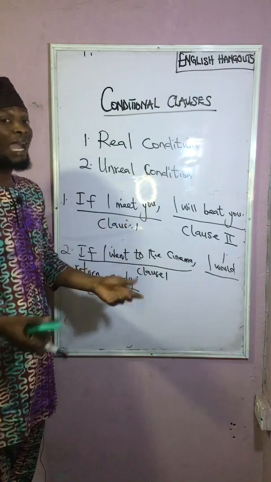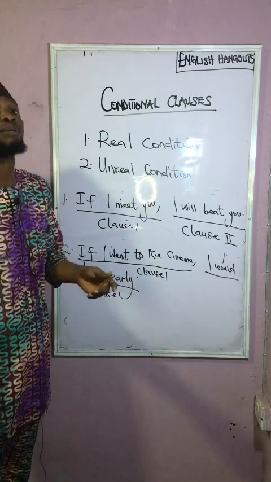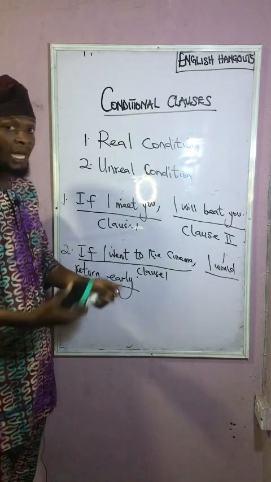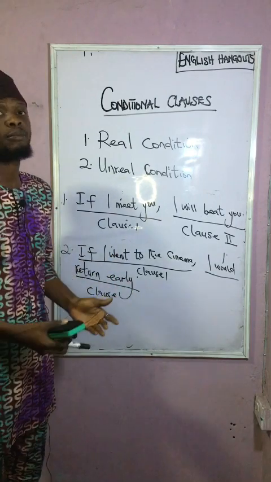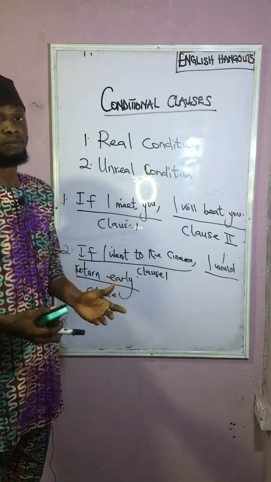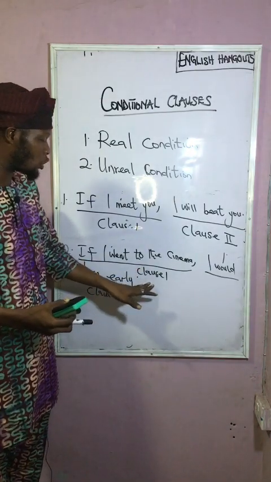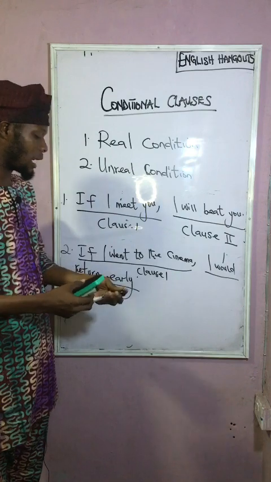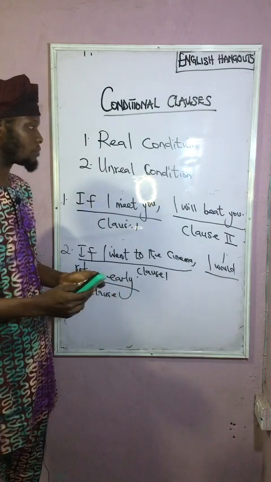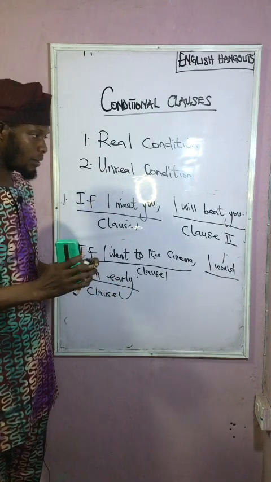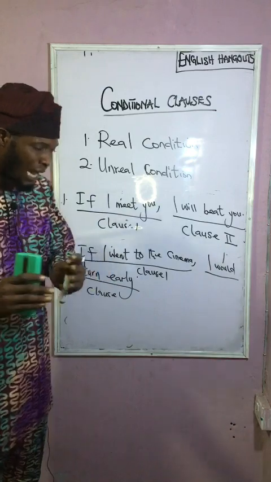Had it been that I went to that cinema, I would return early, whereas I did not go there. This shows that this particular condition is an unreal condition. That is on one hand.